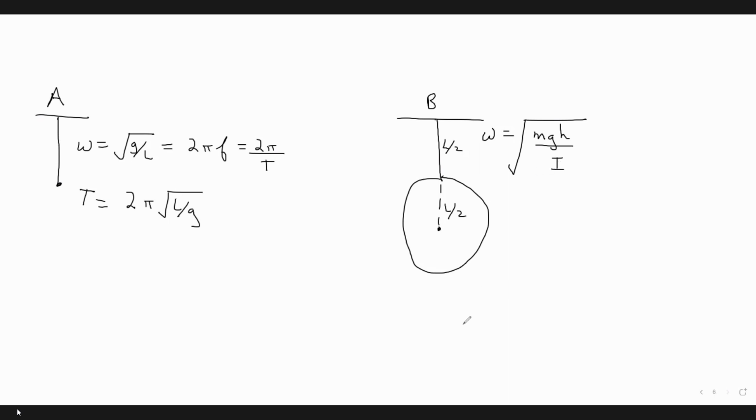Well, I is equal to I center of mass plus m, I need a symbol here. Let's just say r squared. So rotated about the center of mass, the rotational inertia of the sphere is 2/5 m r squared.